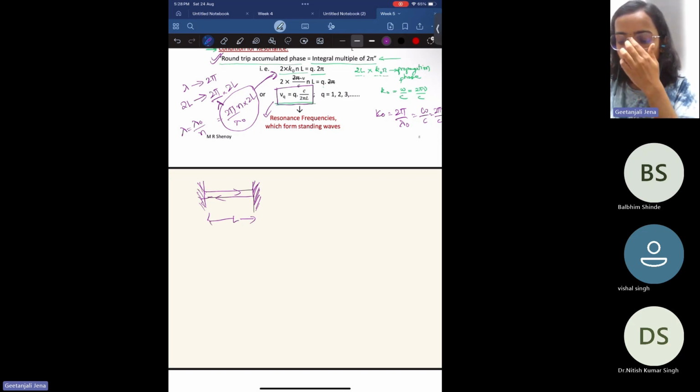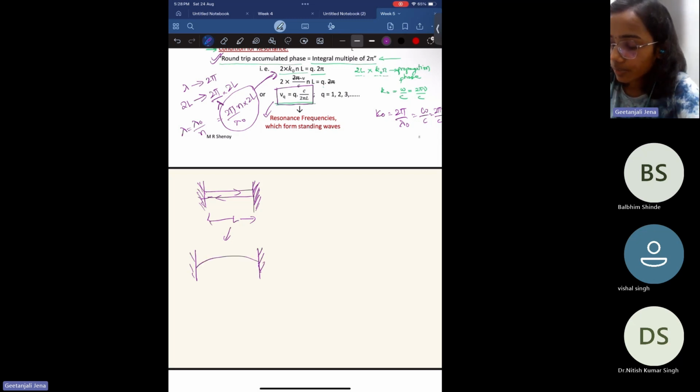Because of this constant reflection, we have a standing wave, and it can be of different types. Depending on the mode, you have different types of standing wave. The fundamental mode in between the mirrors will look like this picture.